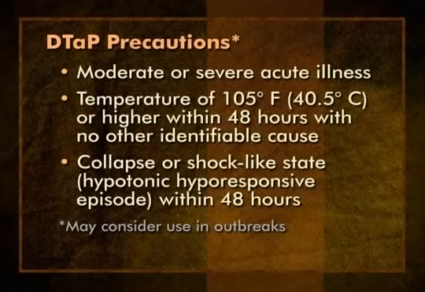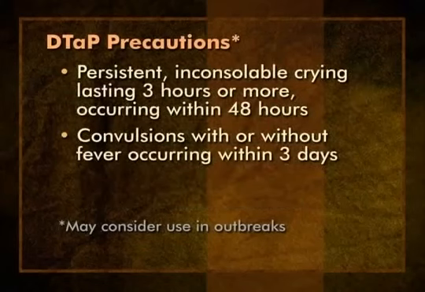Collapse or shock-like state, also known as a hypotonic hyporesponsive episode, within 48 hours. Persistent inconsolable crying lasting 3 hours or more occurring within 48 hours, and convulsions with or without fever occurring within 3 days.